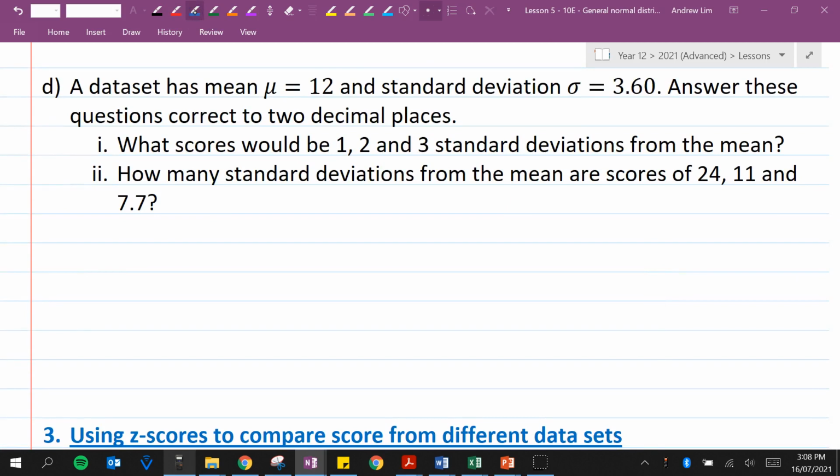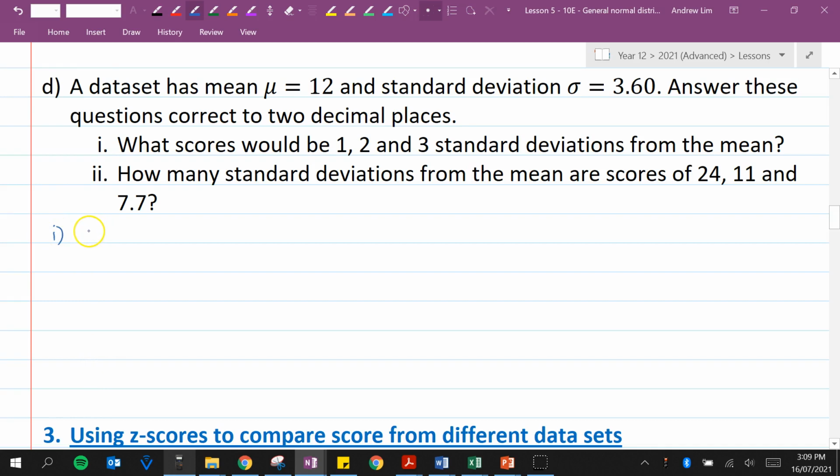A data set has mu equals 12 and standard deviation sigma equaling 3.6. Answer these questions correct to 2 decimal places. What scores will be 1, 2, and 3 standard deviations from the mean? So part 1, we'll look at 1 standard deviation.